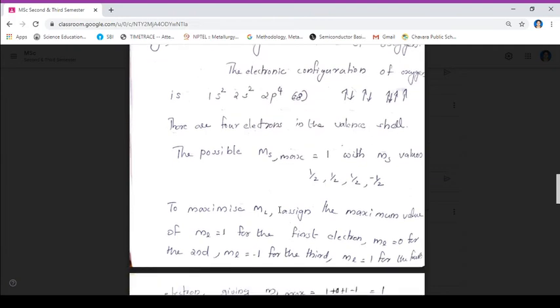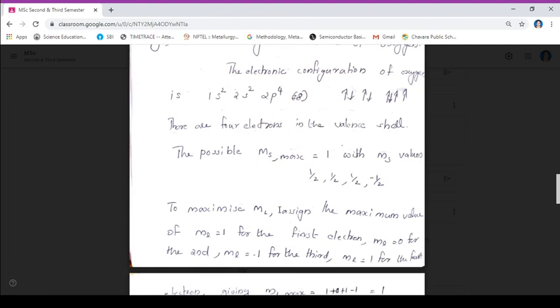Now we have to maximize ml consistent with the value of S. To maximize ml, assign the maximum value of ml equal to 1 for the first electron. Here L equal to 1, so 2L plus 1, that is 3 values are possible for ml, ranging from minus L to plus L. We have to maximize the value of L, so we take ml equal to 1 for the first electron, ml equal to 0 for the second, ml equal to minus 1 for the third, and ml equal to 1 for the fourth.